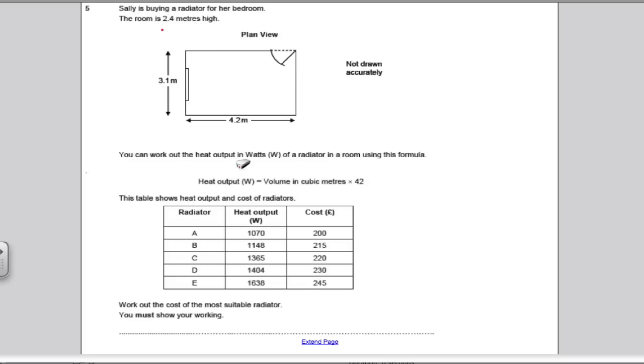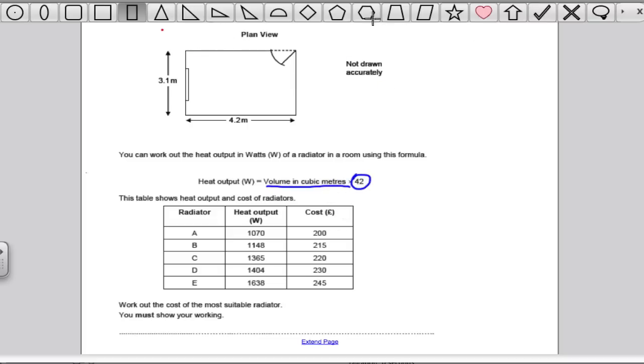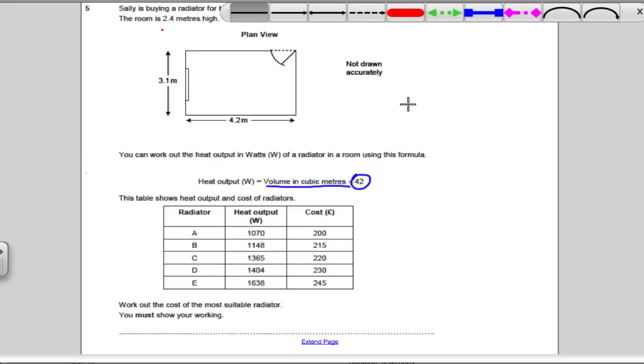It says you can work out the heat output using the following formula, work out the cost of the most suitable radiator. Now, the formula is given: how much volume the room is, multiplied by 42. So the first thing we need to do is work out the volume. Let's draw it out in another diagram so we can see the three-dimensional aspect of it.